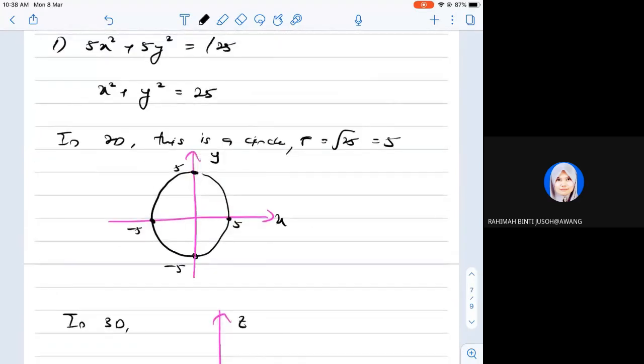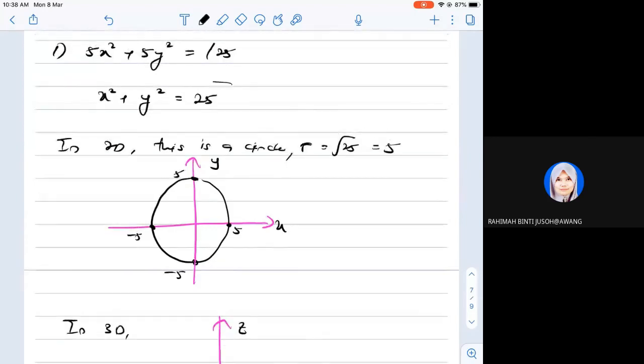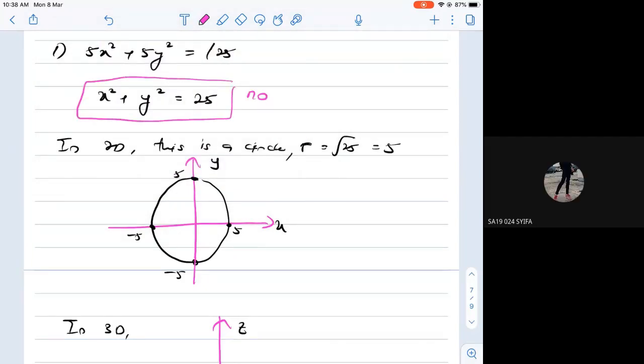X squared plus Y squared plus Z squared equals to 25. Ni tak ada apa dalam ni? No Z. No Z, isn't it? Dia tak ada Z kan? So, bila tak ada Z dalam ni, it should be parallel along Z. Circle tadi tu, dia mestilah selari sepanjang paksi Z.